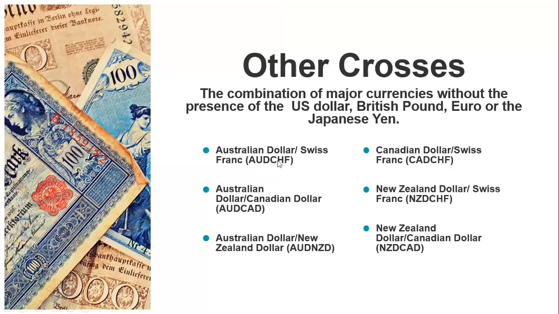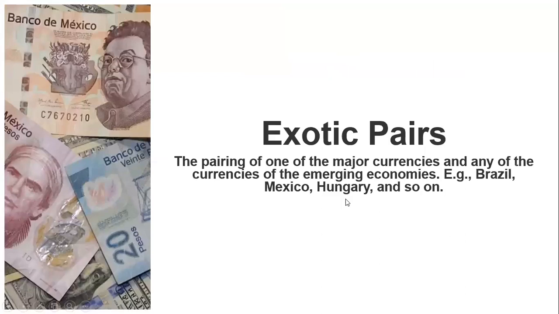The Australian dollar, Swiss franc, the Australian dollar, Canadian dollar, the Australian dollar, New Zealand dollar, the Canadian dollar, Swiss franc, the New Zealand dollar, Swiss franc, and the New Zealand dollar, Canadian dollar. Paired among themselves.